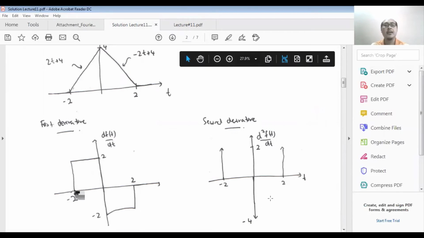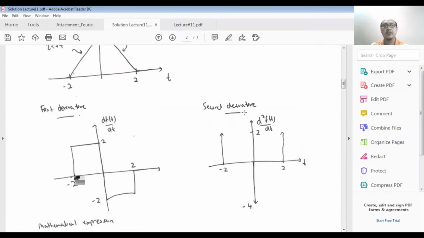And for the second order differentiation, which is the differentiation of this signal, we get a positive impulse with amplitude of 2, then a negative impulse at 0 with amplitude of negative 4, and also an impulse of positive 2 magnitude at t equals 2.